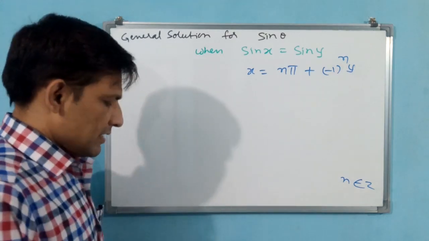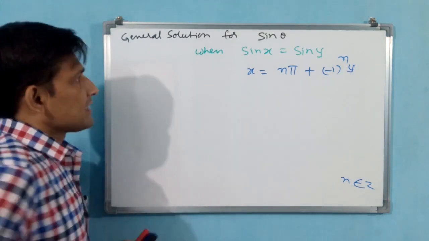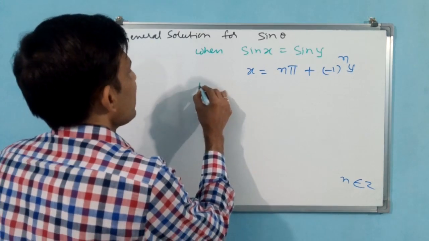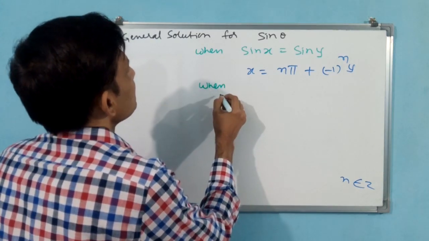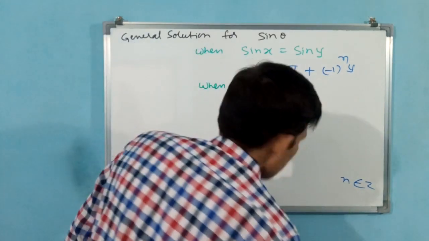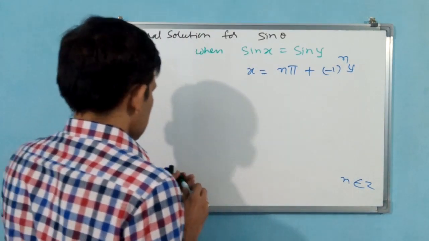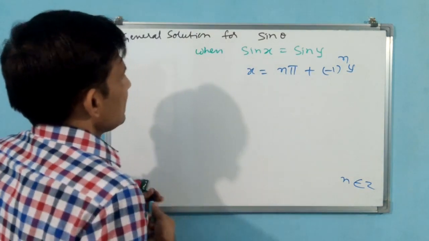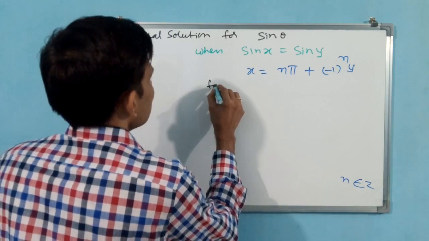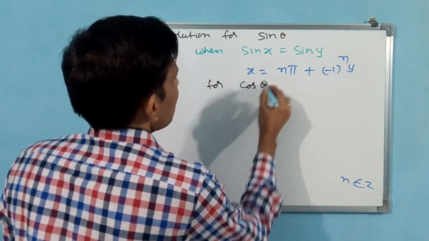Now go for another one. For sin theta we have done. First cos theta. What about for cos theta?